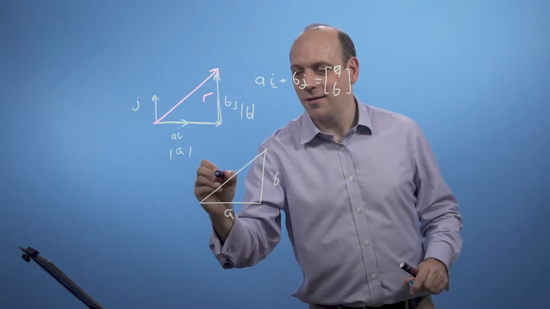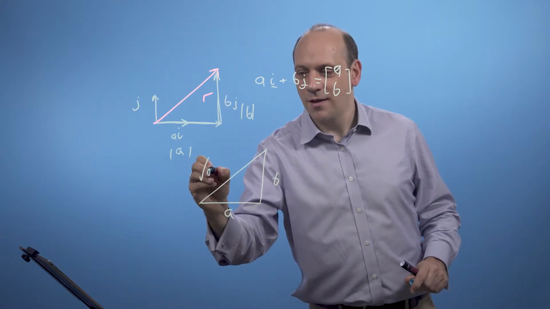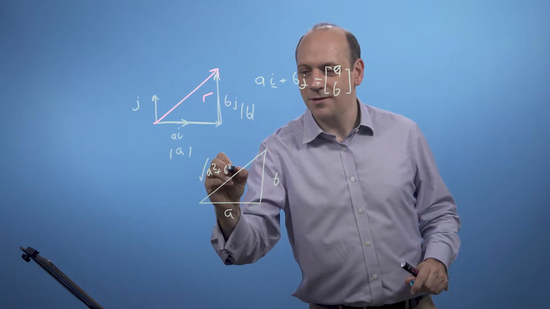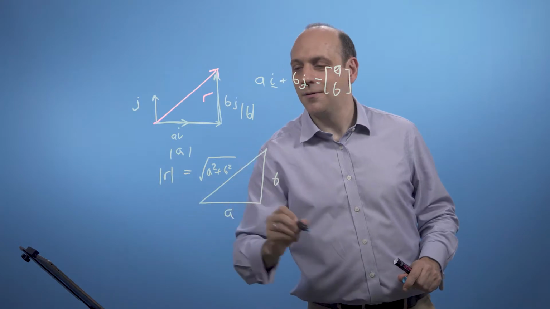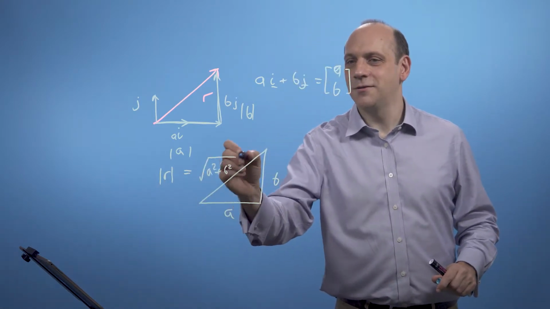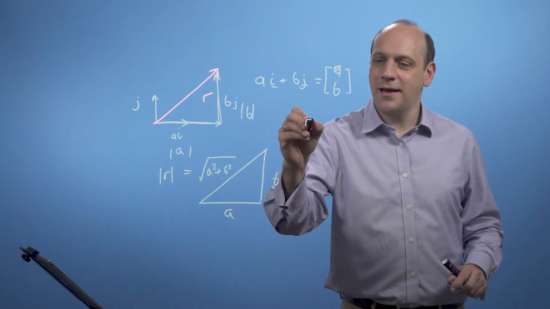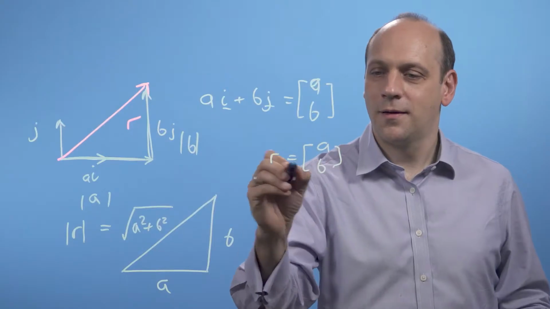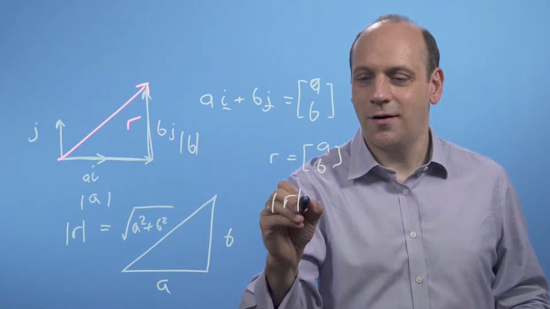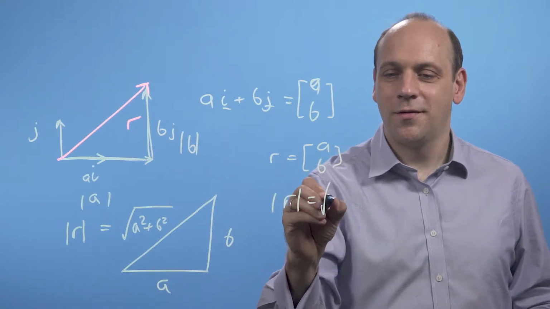This length then, from Pythagoras' theorem, will be the square root of a squared plus b squared. And we can say that that's equal to the length of R. It's the square root of a squared plus b squared. So R is that, and the length of R we define to be equal to the square root of a squared plus b squared.